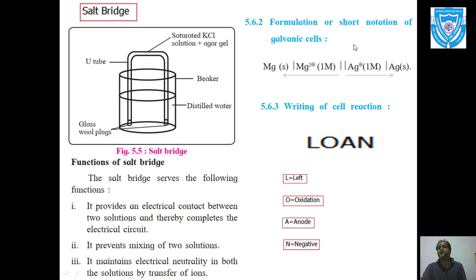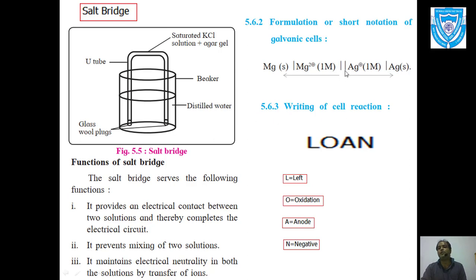And in some representations, we arrange the galvanic cell in such a way that there is no need to use a salt bridge. So how do we come to know whether a salt bridge is used or not? When we observe the double vertical line here, that stands for a salt bridge. If a salt bridge is not used, then there will be only a single vertical line.